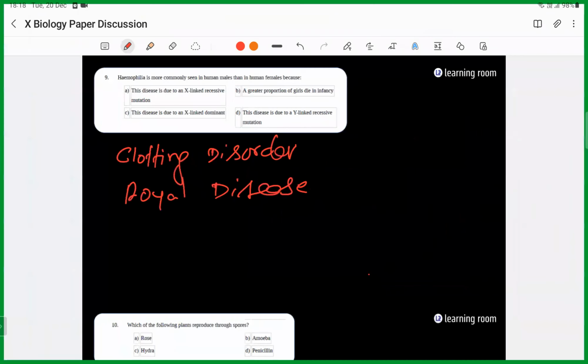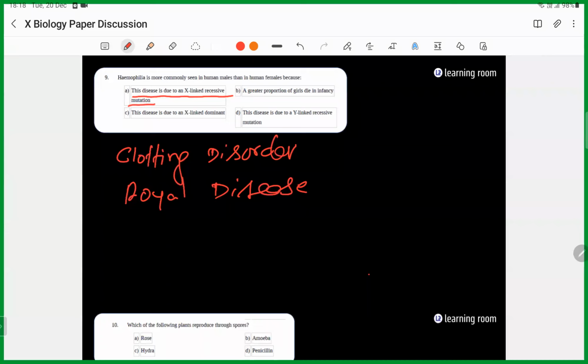Anyway, this is the area which we need to discuss. I'm not sure how many of you have attended this. The answer is, hemophilia is an X-linked recessive mutation.